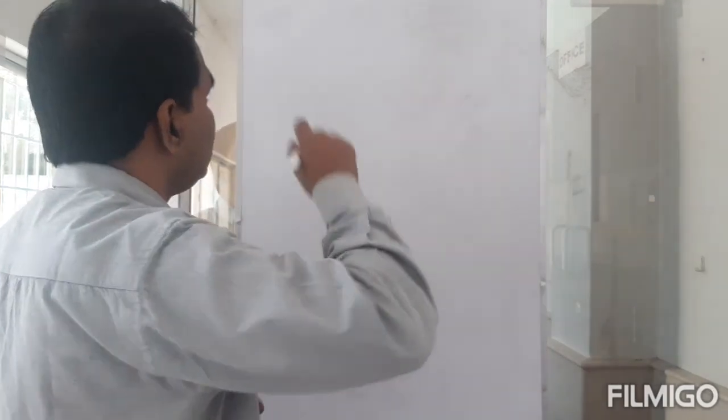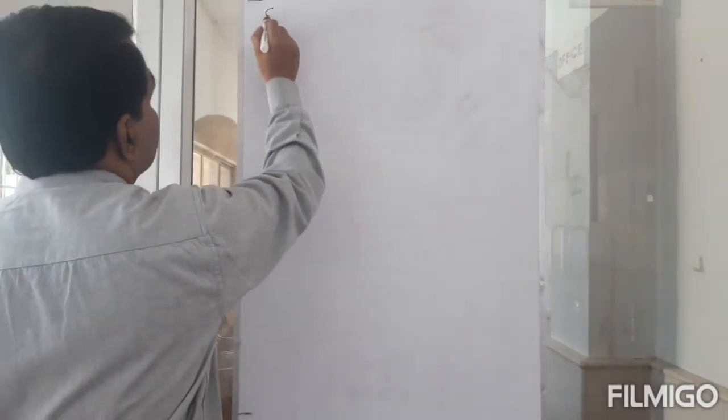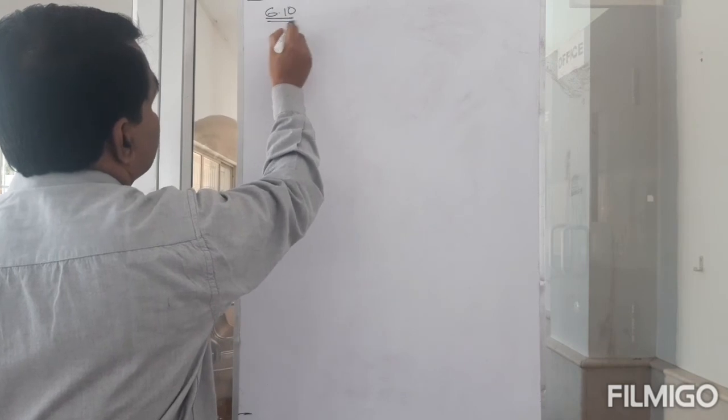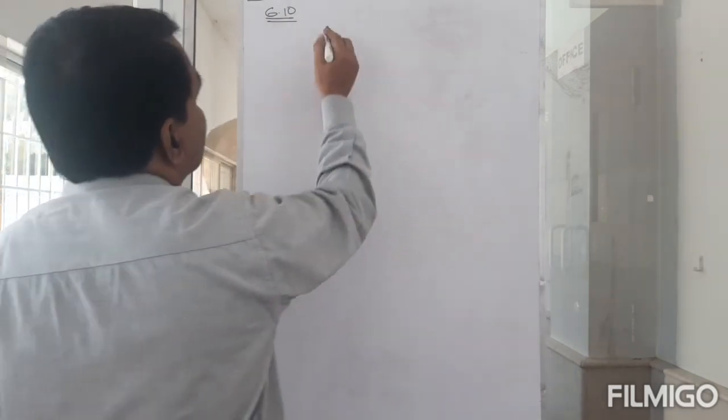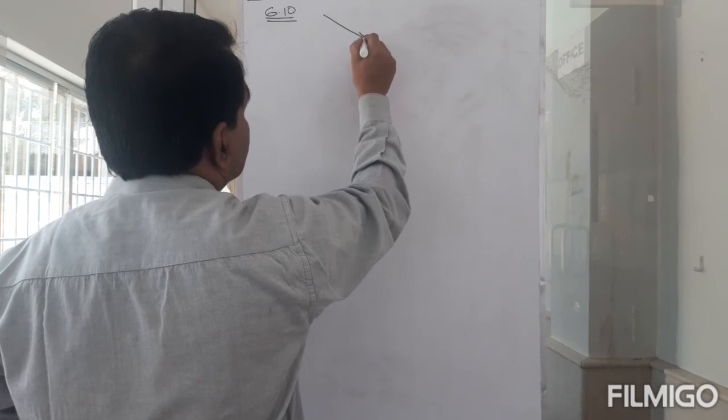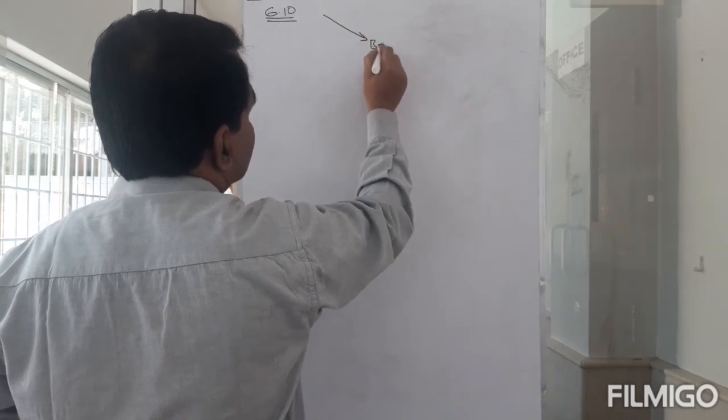But from tip to tip, which is very long, 25 meters, that is caused by the vertical component. So we would be focusing on the vertical component of the Earth's magnetic field. Okay, so this is 6.10. Suppose this is your B at this place.